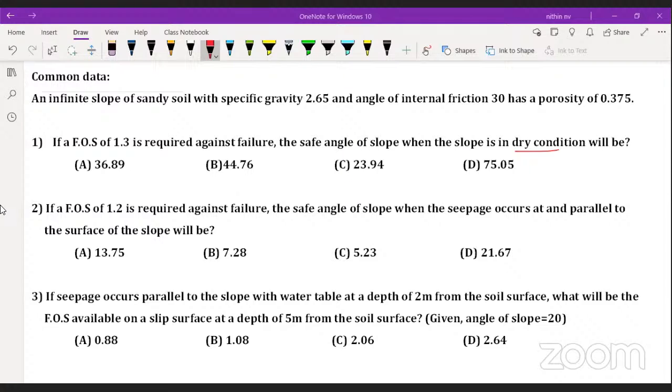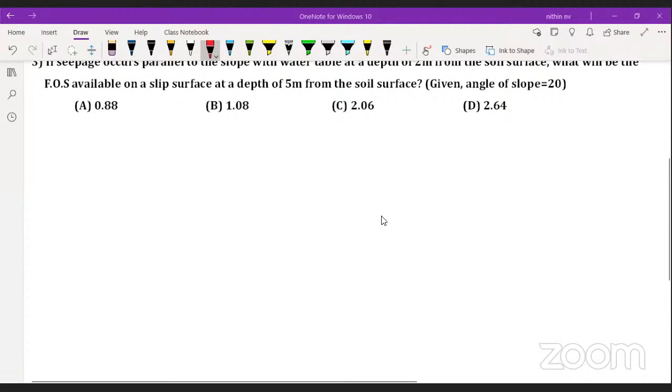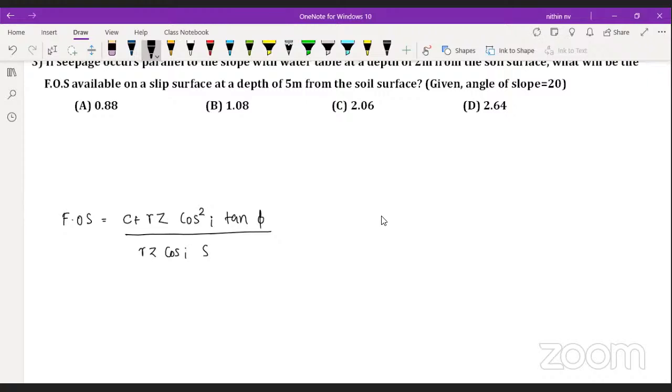Directly we will be getting tan phi by tan I. I'm just writing the general equation, where I is the angle of slope and phi is the angle of internal friction.